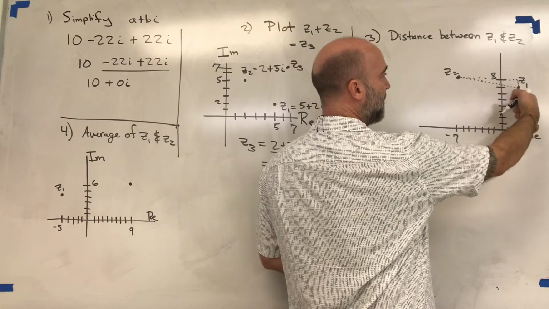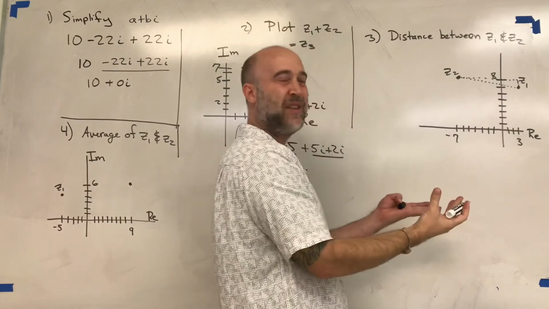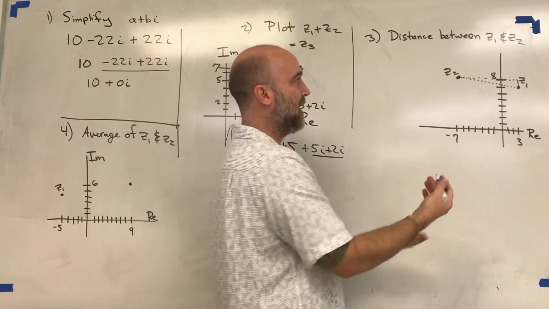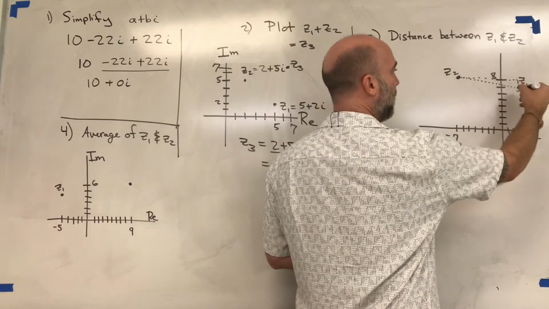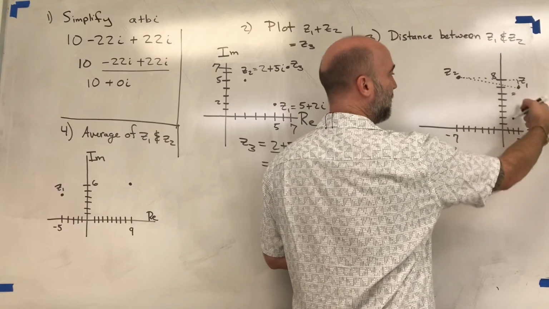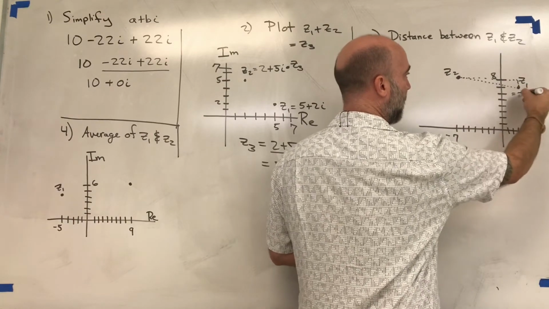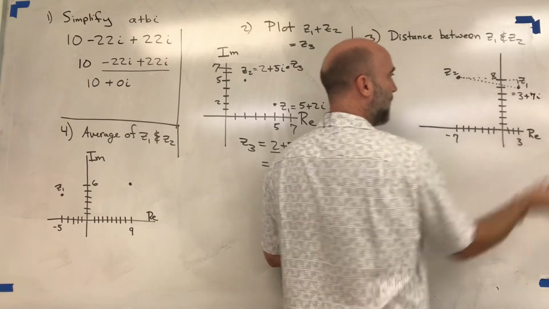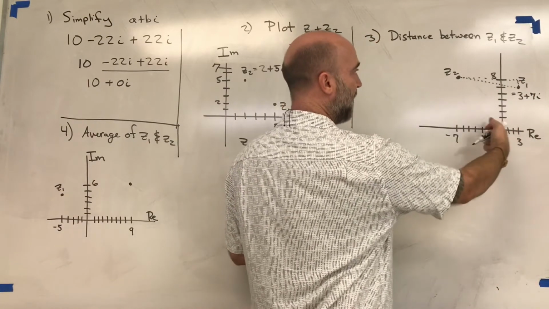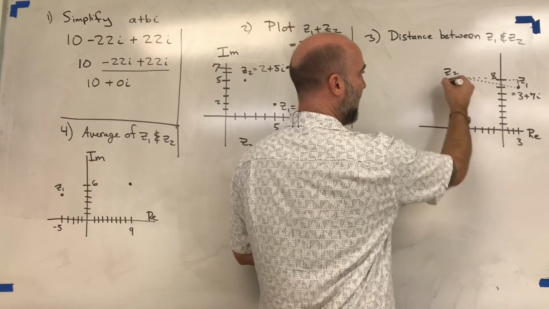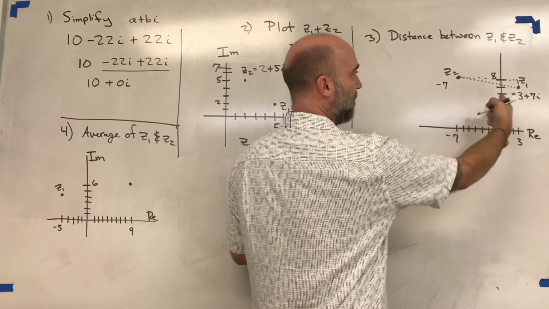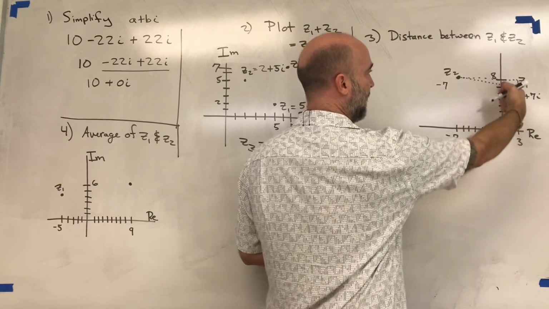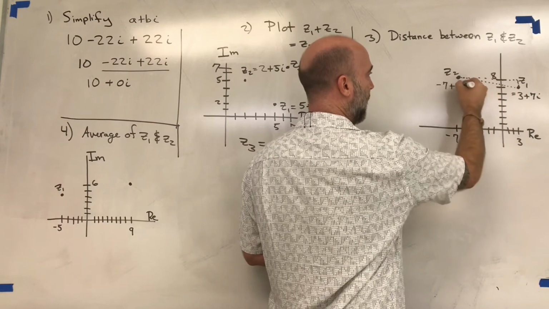Well, this one, let's go ahead and look at the values of z1 and z2. That should make it a little bit easier. So z1 value is equal to, the real part is 3, the imaginary part is 7, so I can see what I'm dealing with. This one right here, the real part is negative 7, and the imaginary part is 8i.